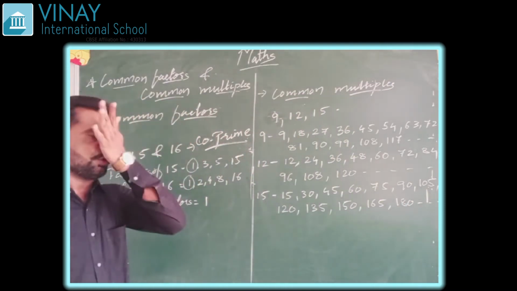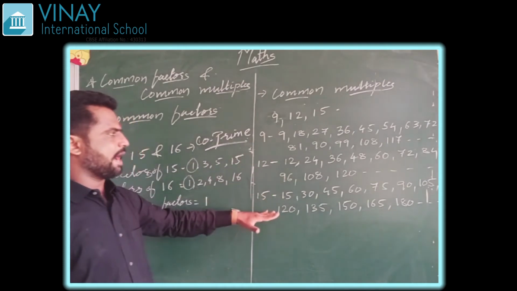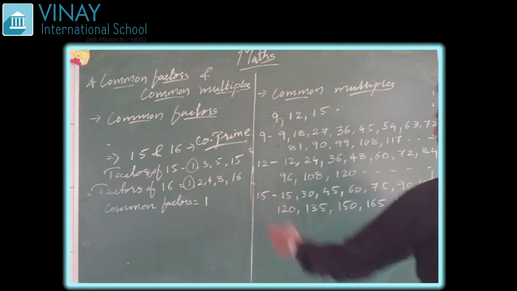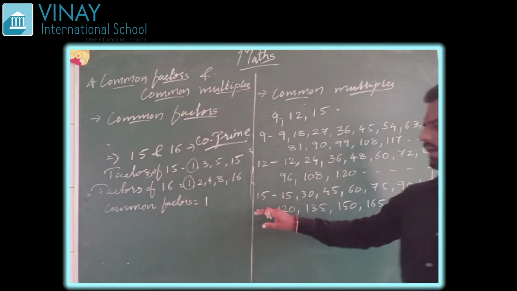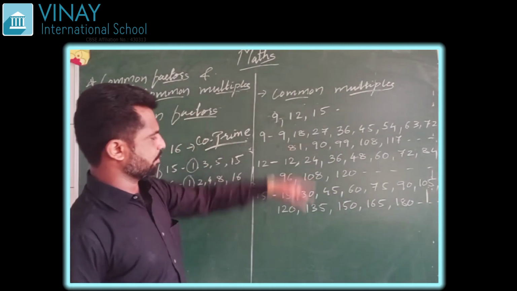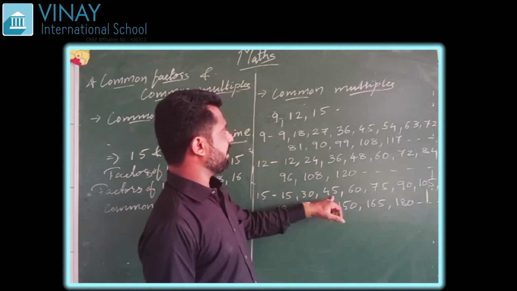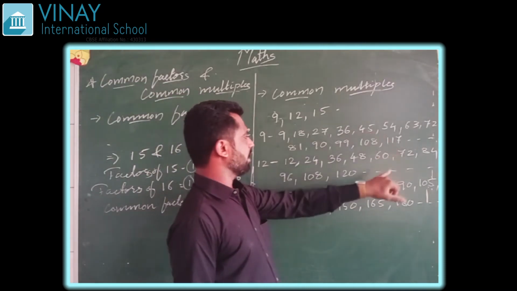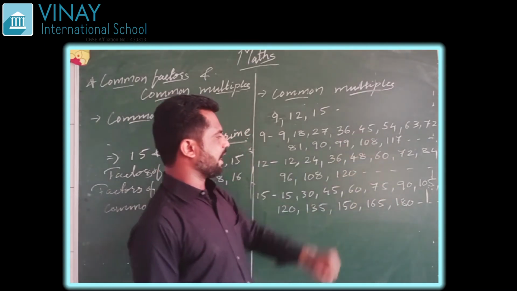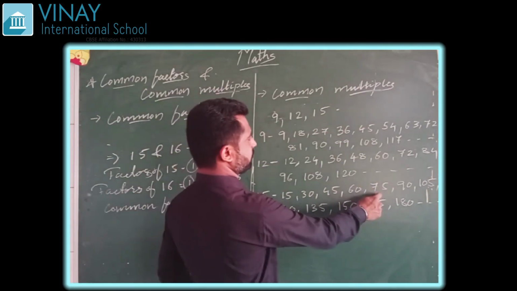Now we have to find out the common multiple of 9, 12 and 15. If we see the common multiple, first we have to see the largest number. The easy way to find the common multiple is to see the largest number, 15, and check: 15 is there? No. 30? No. 45 is there in 9 but not in 12. 60 is there in 12 but not in 9. 75?